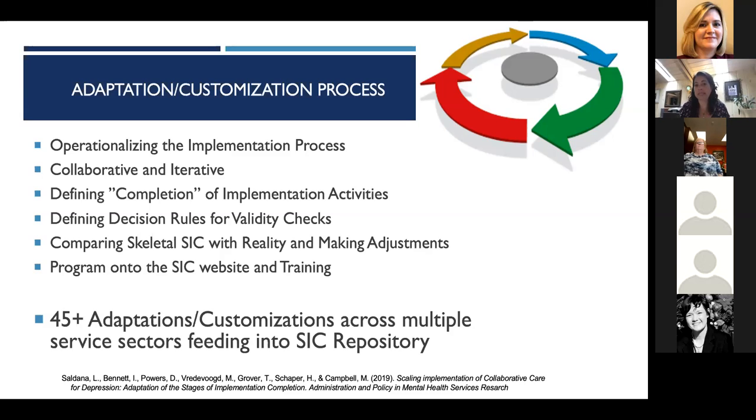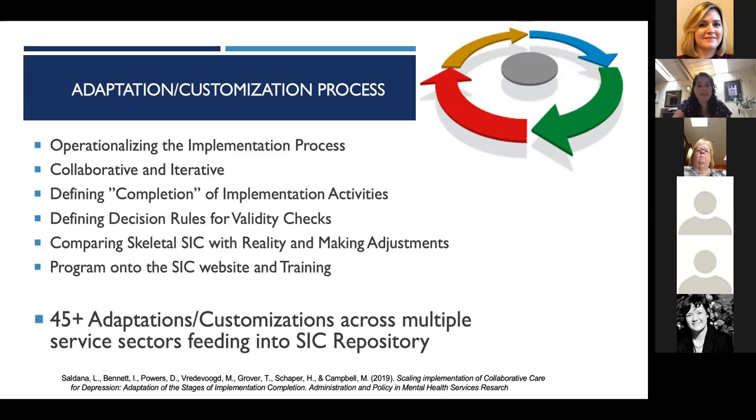I'm not going to go into this, I think folks have probably heard me talk about this before, but we have what's referred to as the universal SIG. The universal SIG is 46 items that are common across all the different practices that we've worked with. We developed this through a reliability exercise and really found that there were these 46 activities that, also through lots of testing, demonstrate equal predictive ability to a fully customized SIG. So again, we can either tailor or adapt a SIG from the ground up or customize these 46 items specific to a particular evidence-based practice.